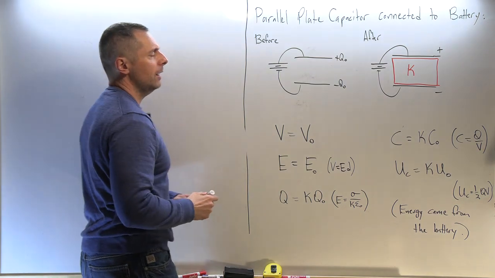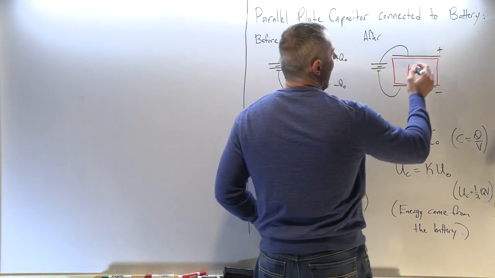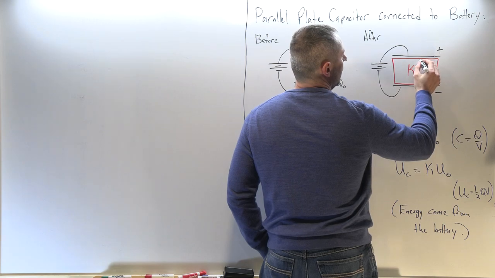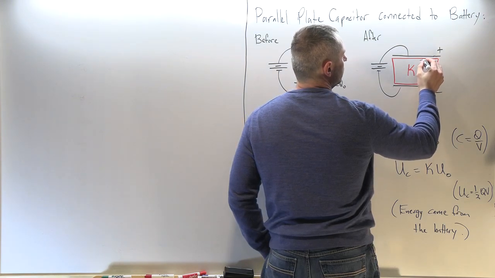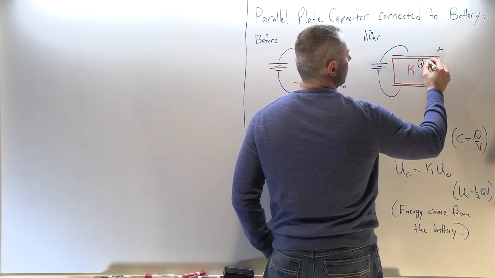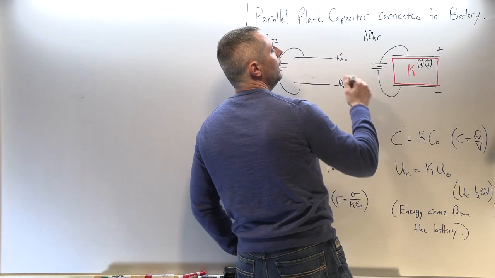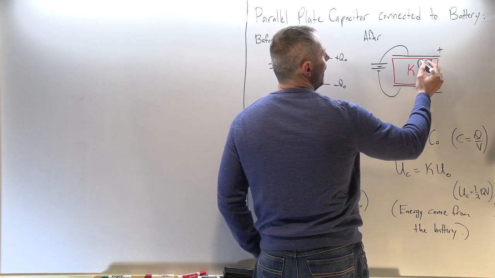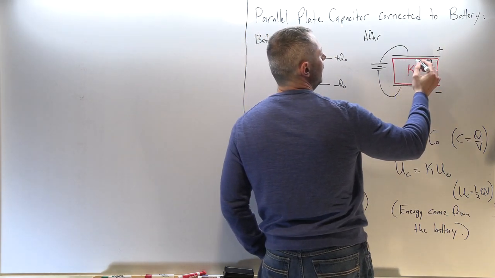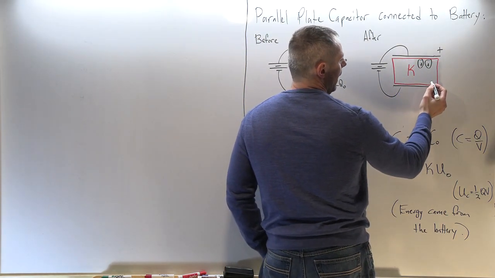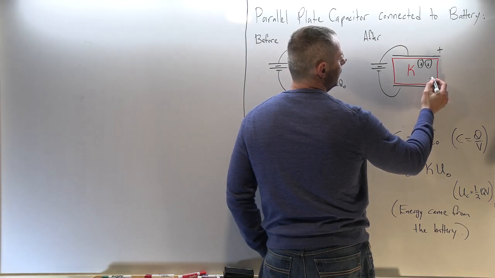So remember, I was saying that the atoms here are going to shift and become polar like this. And you see that there's minus charge that ends up accumulated on this plate, and the atoms here are tilted like this.